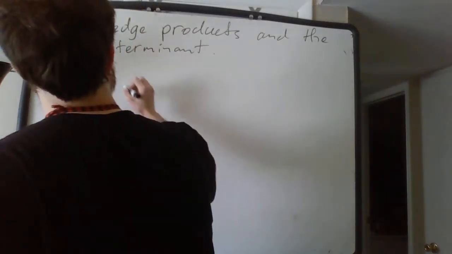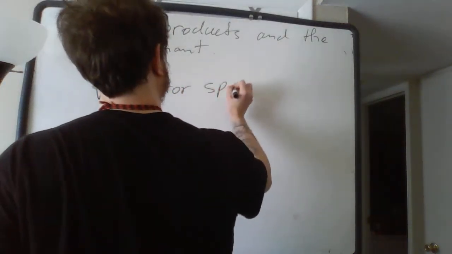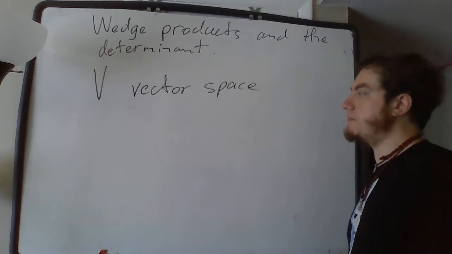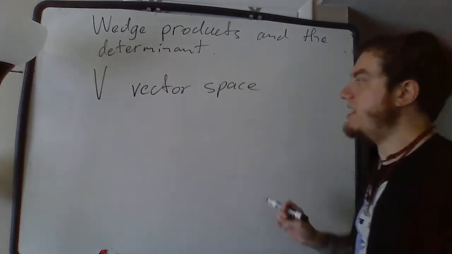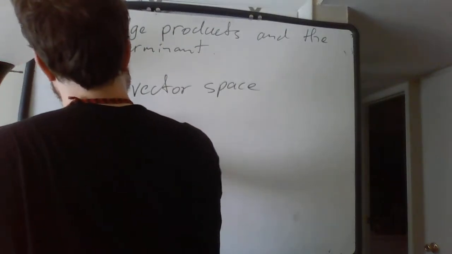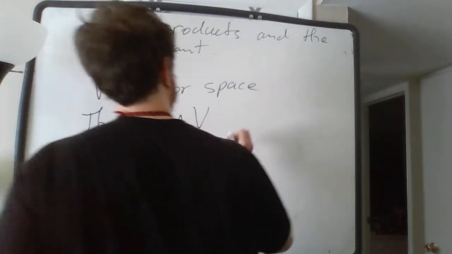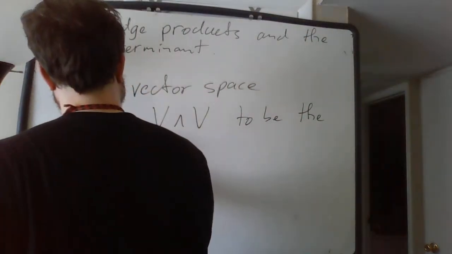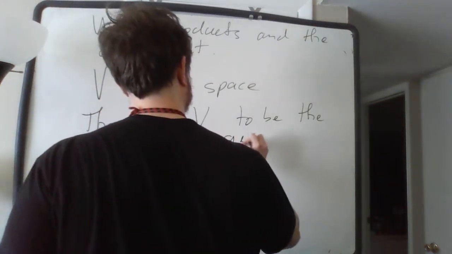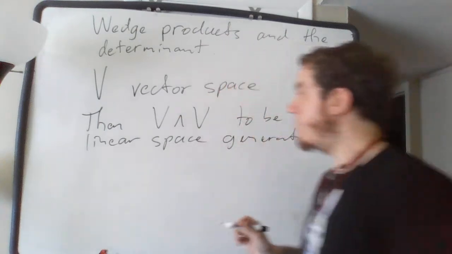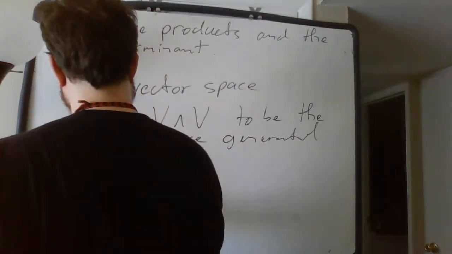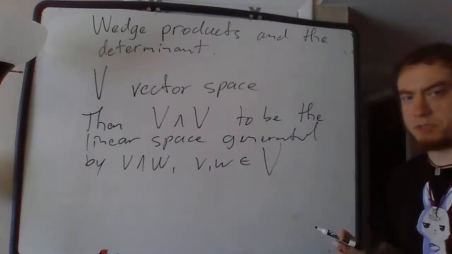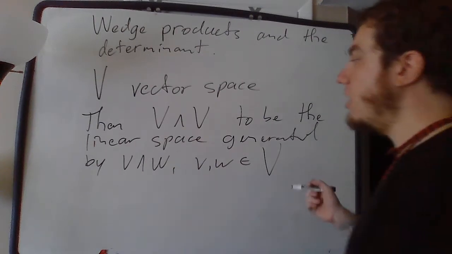Suppose that I have some vector space V. Then the wedge product, which is also written using a V, except it is upside down, we define the space V wedge V to be the linear space generated by stuff of the form v wedge w, where v and w are both elements of the original vector space V, subject to the following relations.